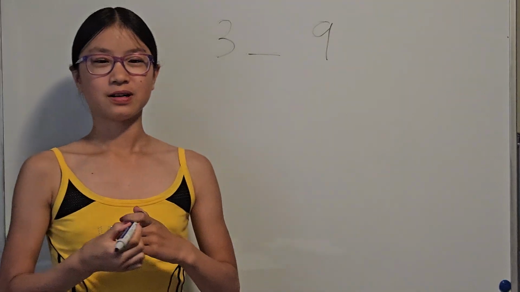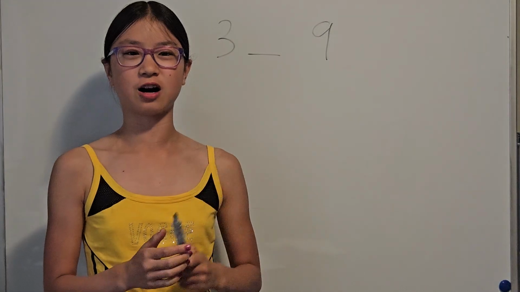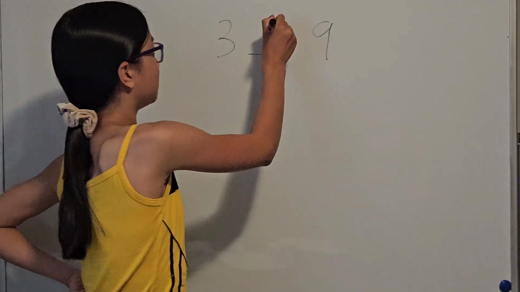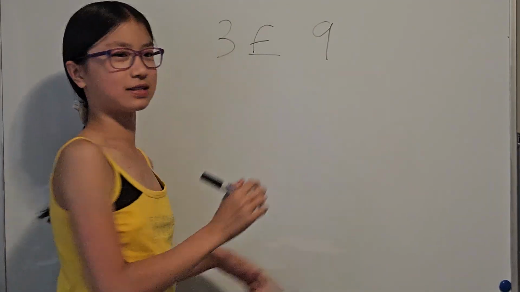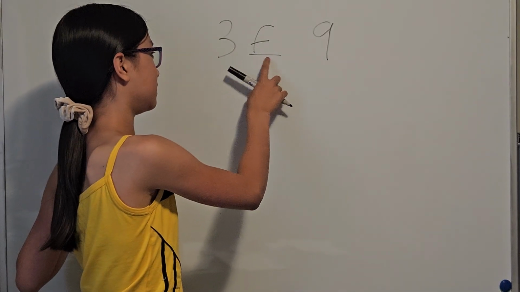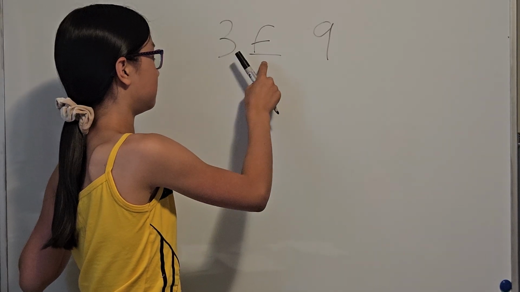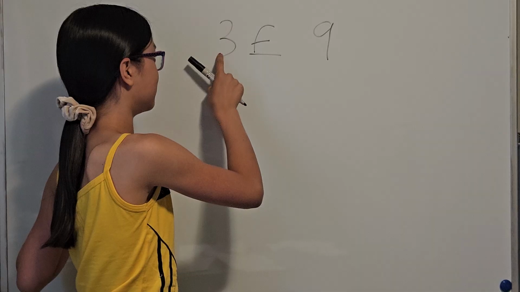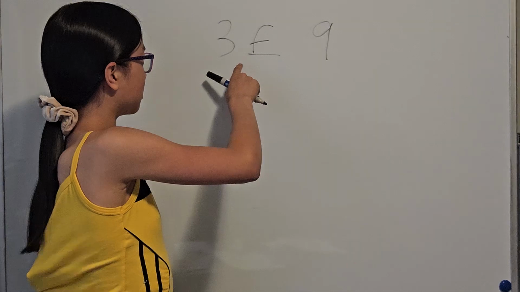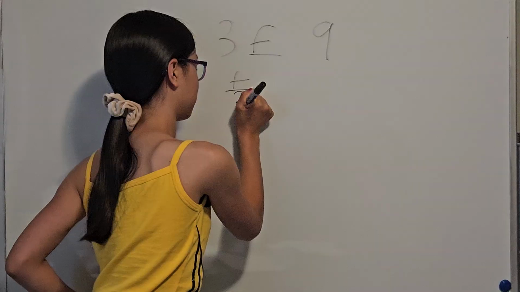So the thing I said at the start of the video is that you need to find the common ratio. So how do we find the common ratio here? We said the middle number is F, and we find the common ratio by dividing a term by the term before it. So the common ratio is going to be F over 3.